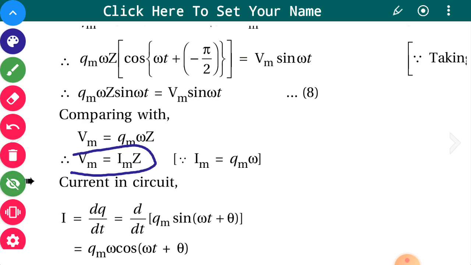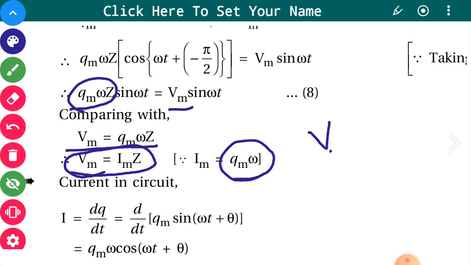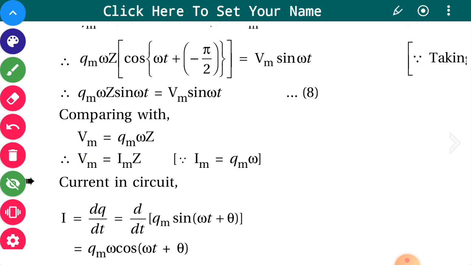Im into Z. So here Im can be equal to Qm into omega. We are just comparing. Vm is Qm omega Z, and as you know Vm must be equal to Im into Z, it means that Qm into omega must be equal to Im.